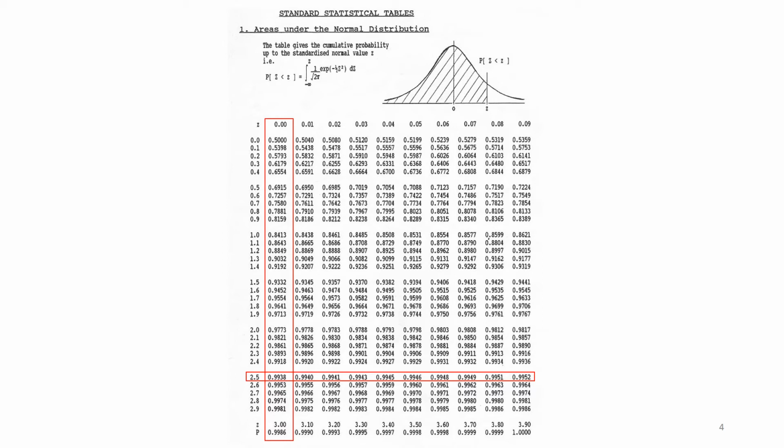So in our case, the z value is 2.5. We find row and the column for 2.5, and the intersection is 0.9938.